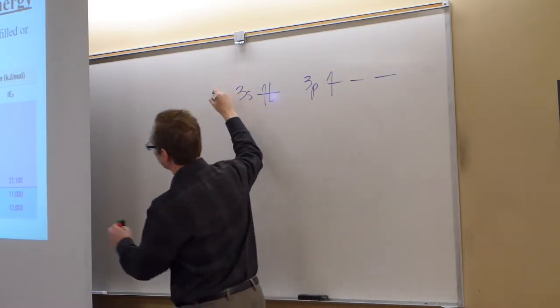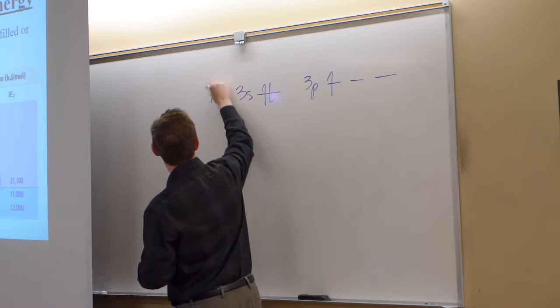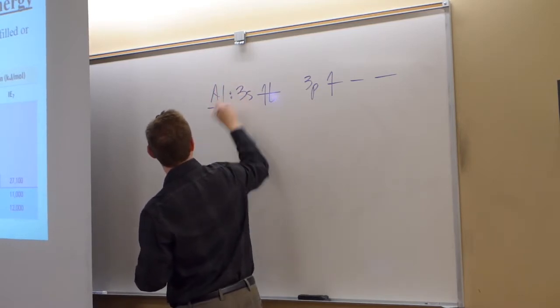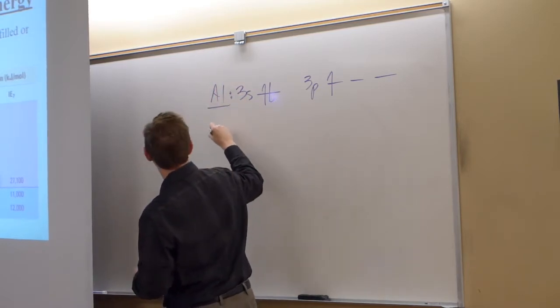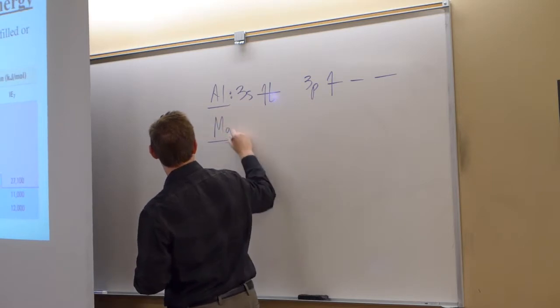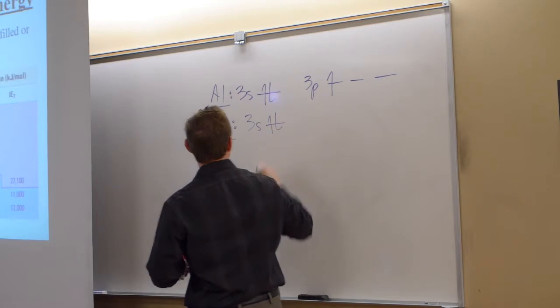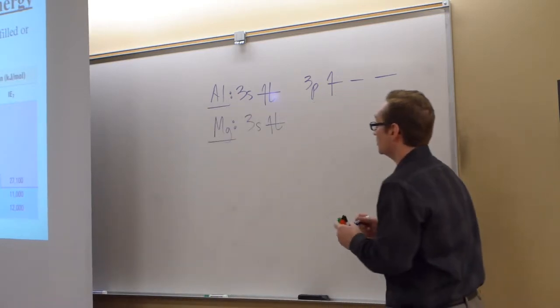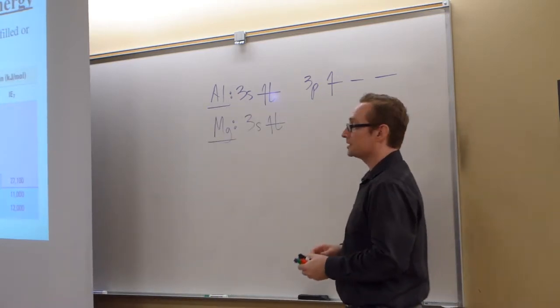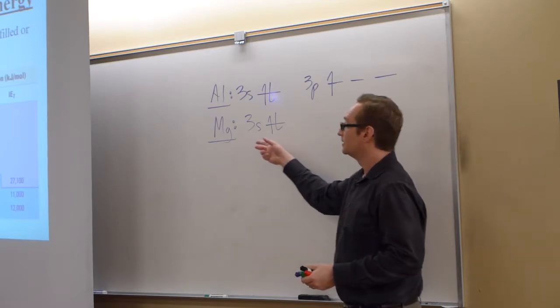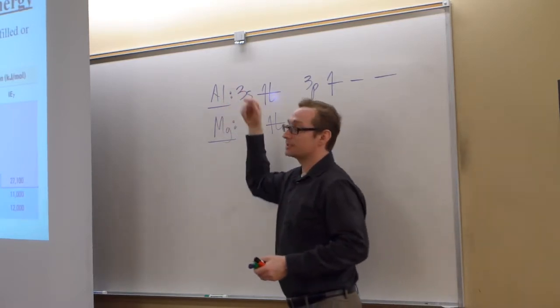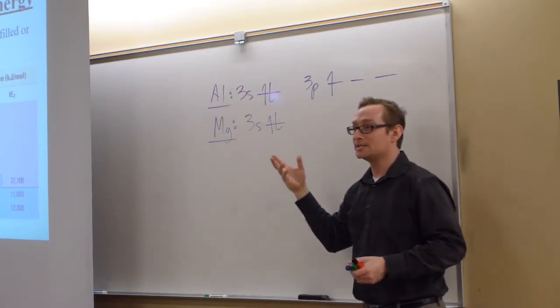So here is aluminum, and here is magnesium. So aluminum, why is it easier to ionize aluminum relative to magnesium? Aluminum has the greater nuclear charge. You'd think it'd be harder to ionize it, not easier.